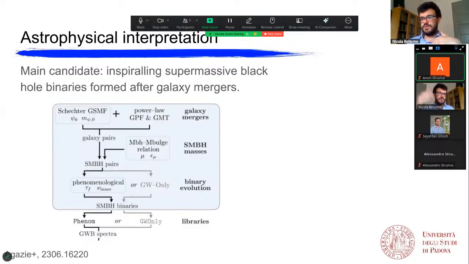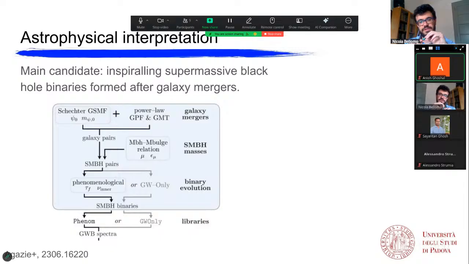First of all, you need to characterize your population of galaxies and the likelihood that these galaxies merge. Then you have to populate each one of them with supermassive black holes of a given mass. Observationally, we know that the mass of the supermassive black holes and the stellar mass of the bulge are correlated, but that's one of the key ingredients.